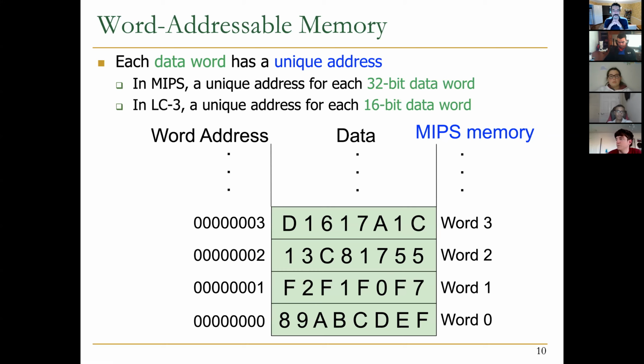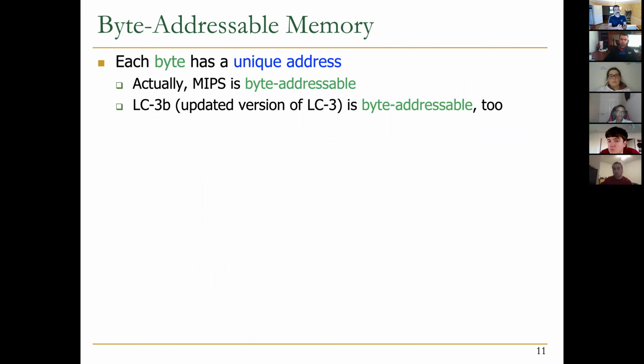So for MIPS it would be up to 2^32. For LC-3 it would be 2^16. Okay, that was word addressable memory.